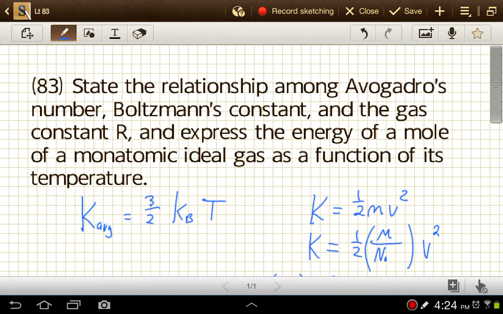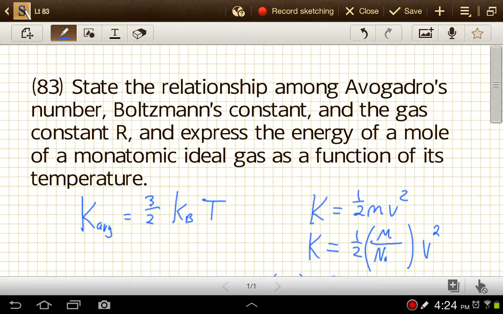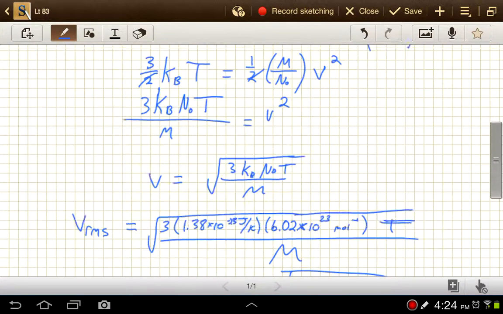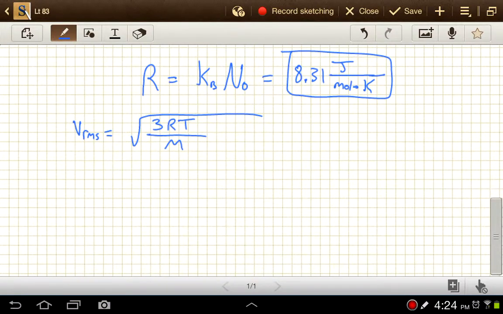It's also useful to be able to figure out what the energy of a mole of gas would be as a function of its temperature. If we use what we know already, the kinetic energy K of 1 mole is going to be equal to Avogadro's number, that many particles added together, times K average.